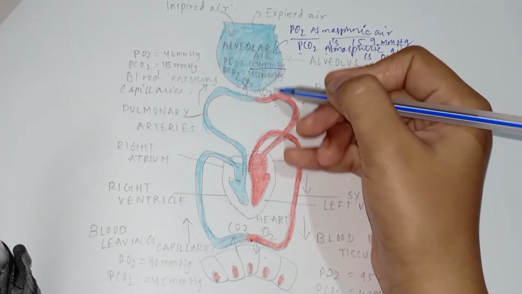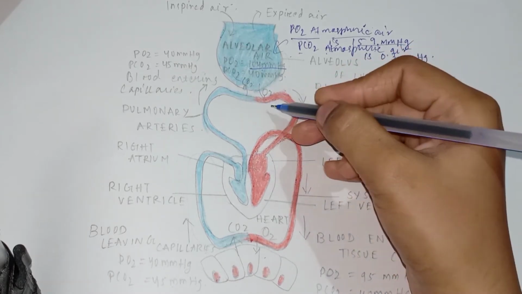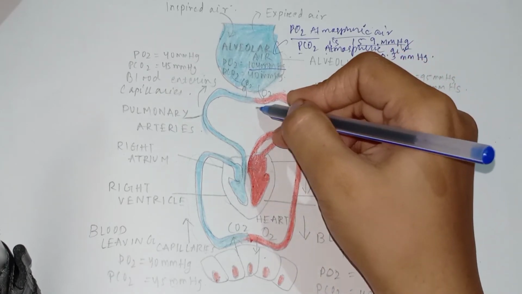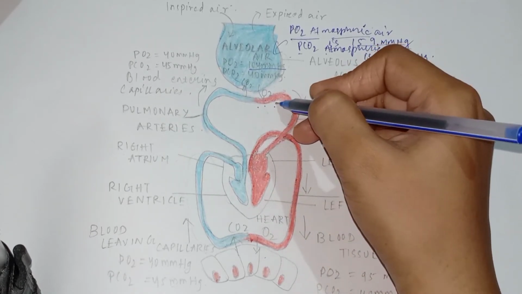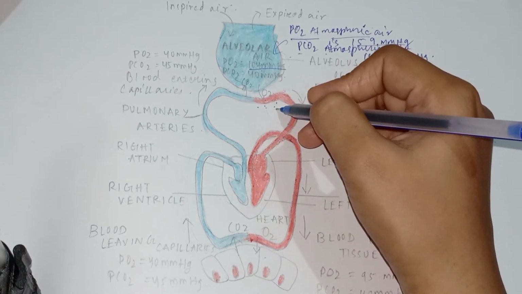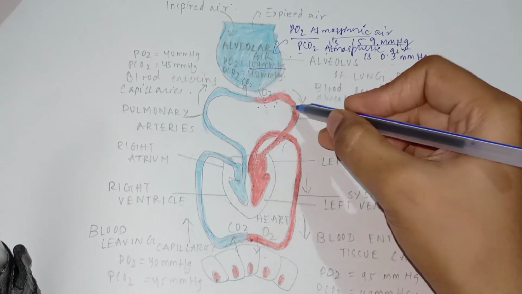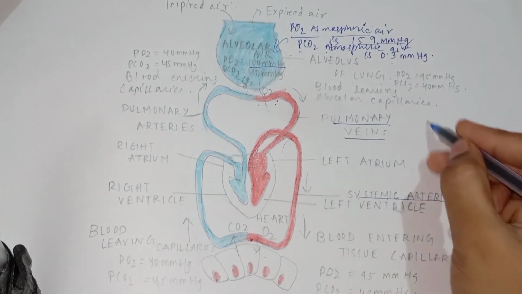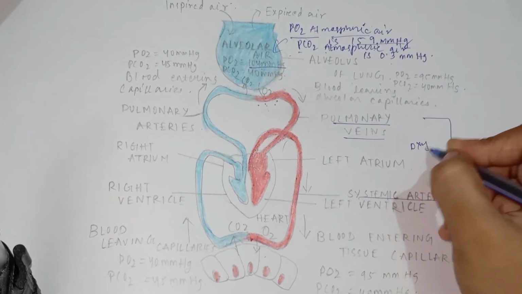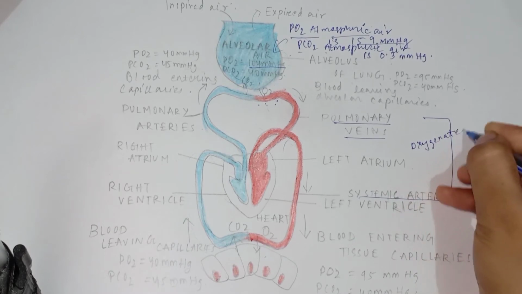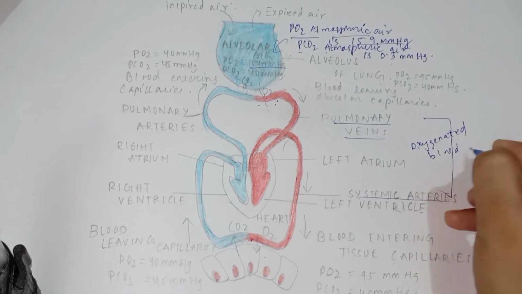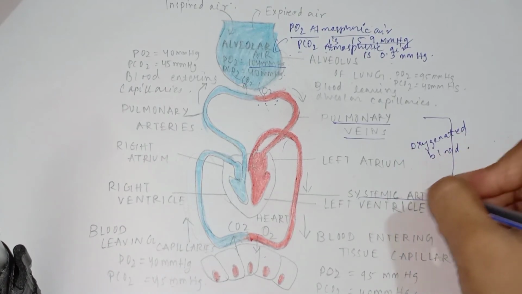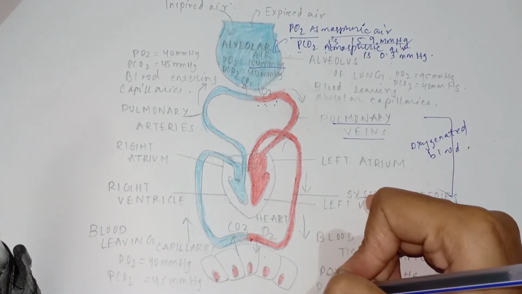So the blood becomes oxygenated as O2 is supplied to the blood, and this oxygenated blood is pumped by the heart through the pulmonary veins. You can see this is the pulmonary vein and the systemic arteries. They carry oxygenated blood. Then the systemic arteries carry it to the whole body tissue cells.